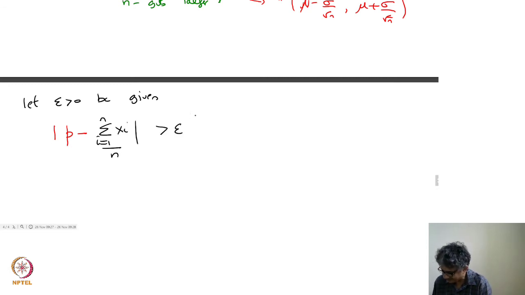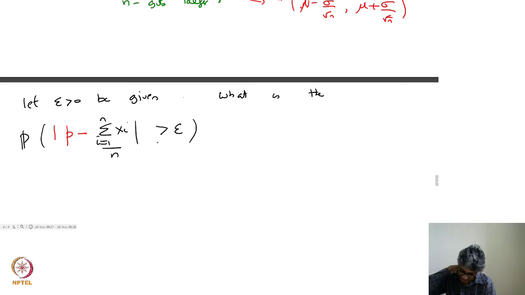Can we understand this event? Can we quantify this event? What is the probability of this event, that is, the chance that x bar is at least epsilon away from P? This is what we want. That will give you an idea of how close x bar is to P.